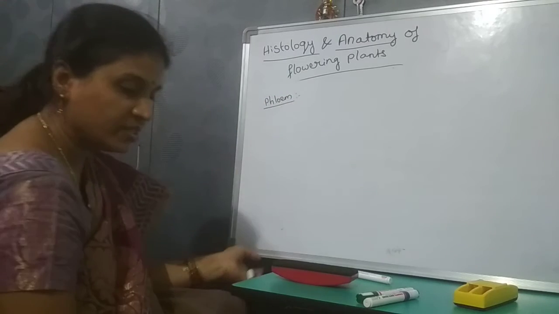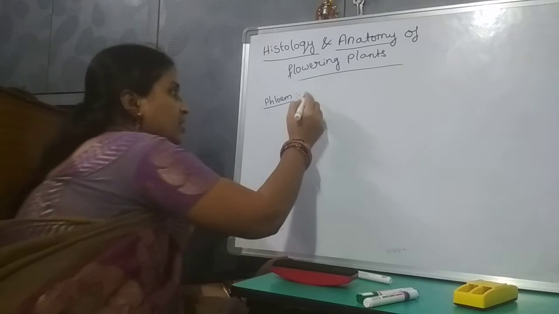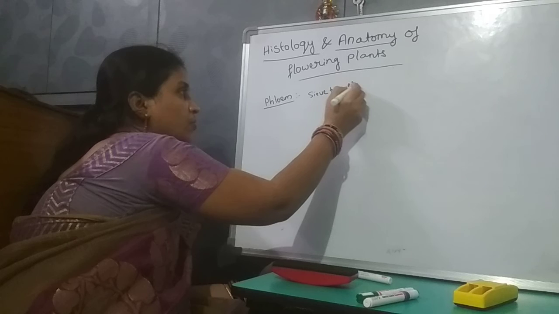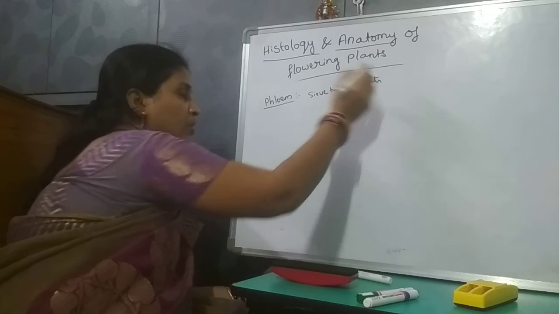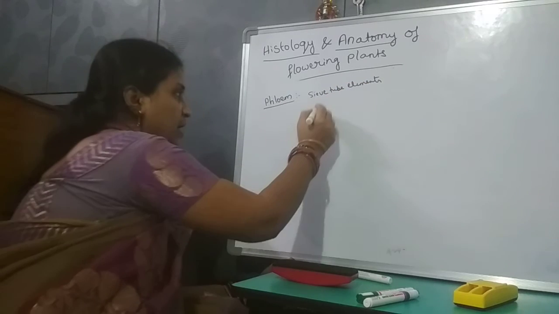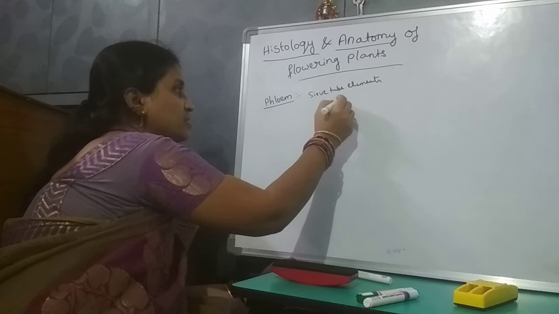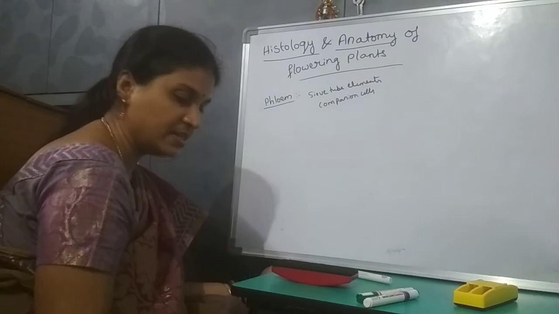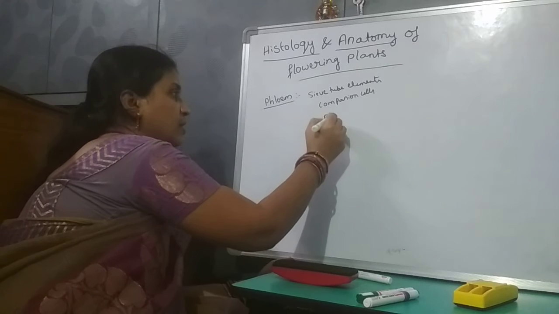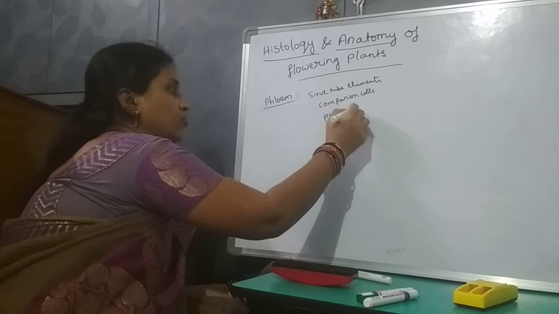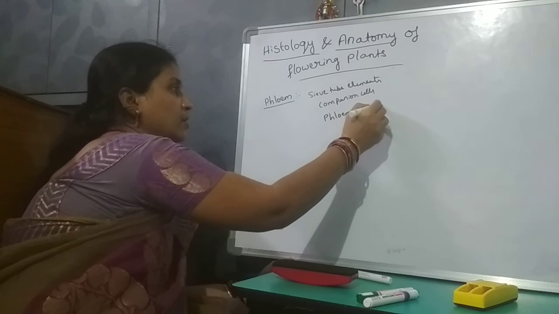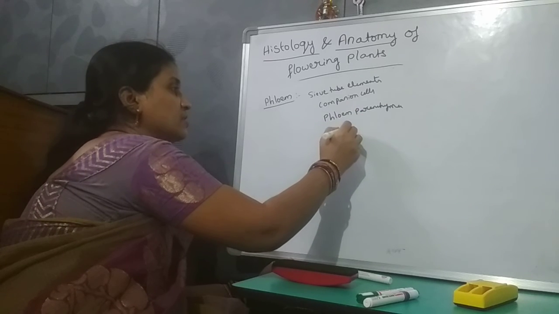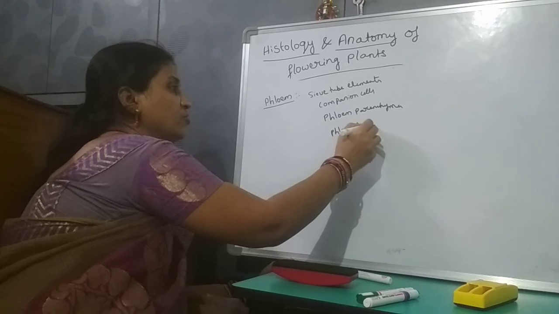This particular phloem has sieve tube elements, companion cells, phloem parenchyma, and phloem fibers. These are the different cells which together form the phloem.